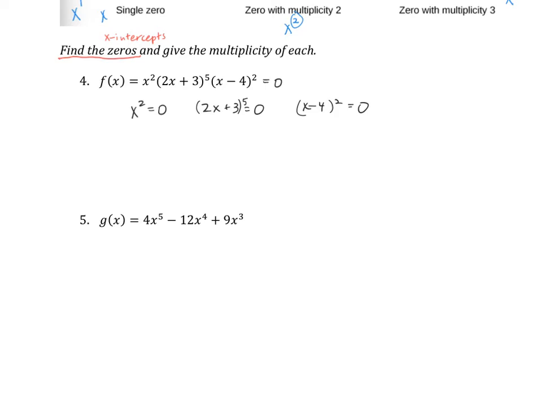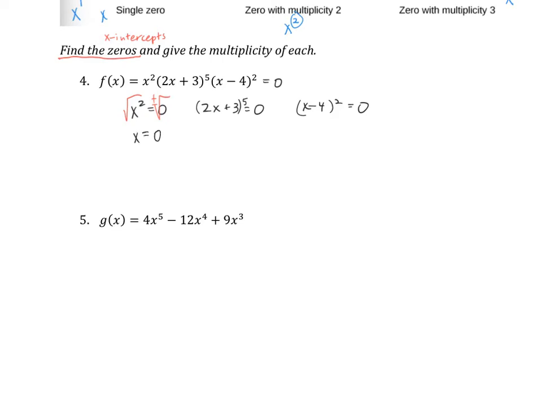So keep in mind that I can write the factor with the exponent, but what am I going to do? Let's look at the second one. Well, it doesn't matter, the first one. What am I going to do to undo the exponent? I get rid of the square by taking a square root. But the square root of 0 is simply 0. So I could have just written x equals 0.